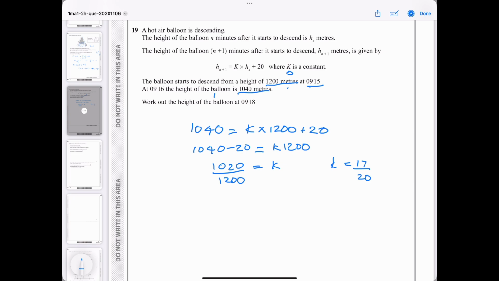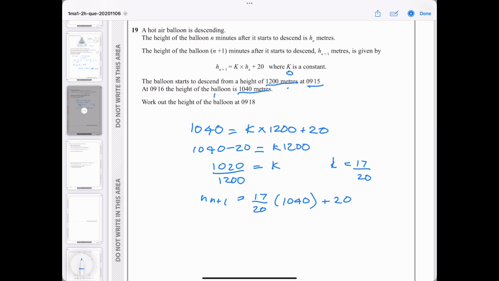Now if we rewrite this out again, h of n plus 1 equals 17 over 20 times h of n plus 20. At this stage we can take 1040 and make that our answer.